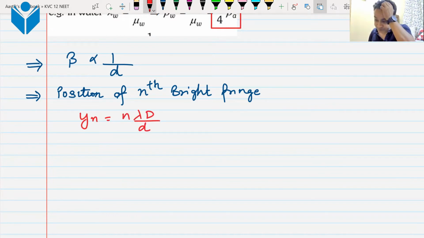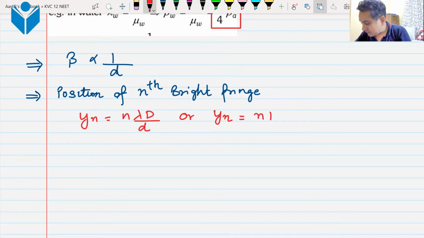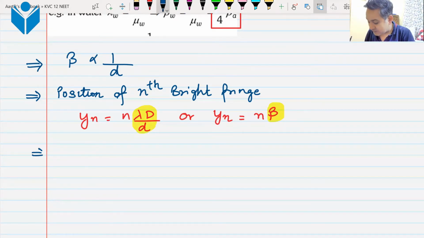Now I can write this in this fashion: nth bright fringe will be n multiplied by beta, because beta is equal to lambda D by d. I hope you understand this. Yes or no? I'll give you time once I'm finished with all the points. Don't worry.